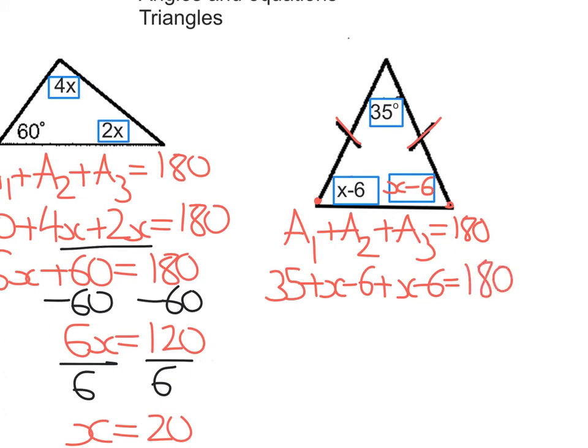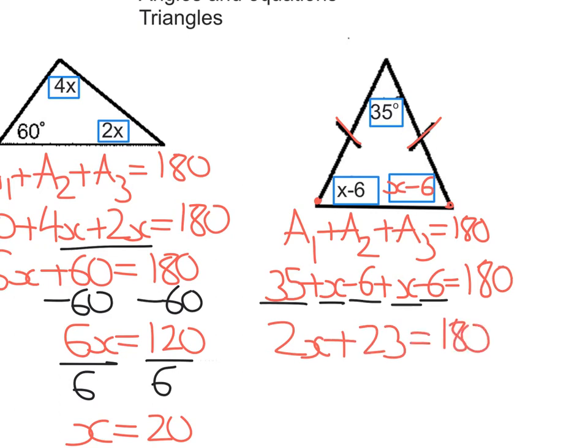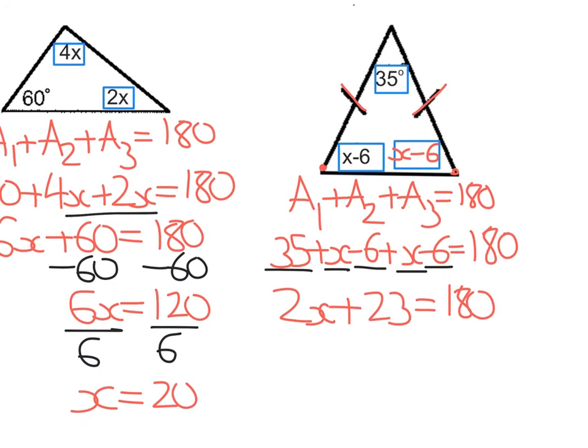As before, let's simplify the left-hand side before we do any adding or subtracting between sides. So I've got an x and an x, so I've got 2x. I've got 35 take away 6 take away 6. Well, 35 take away 12 is positive 23, and that's equal to 180. Now I've got a more normal equation to solve.